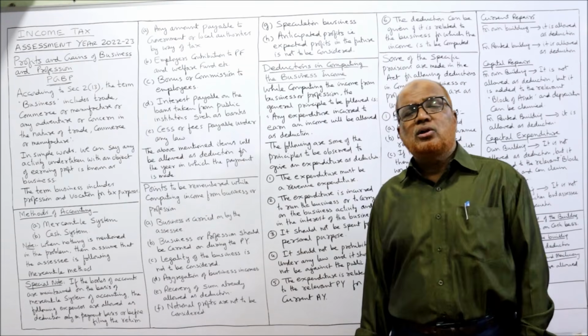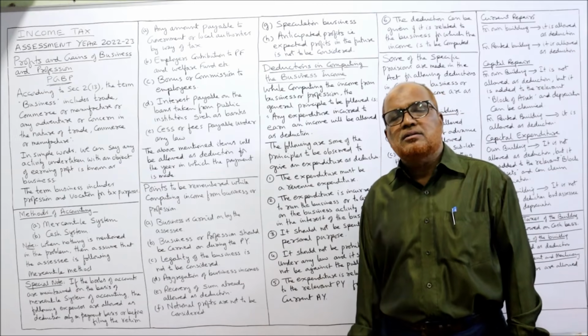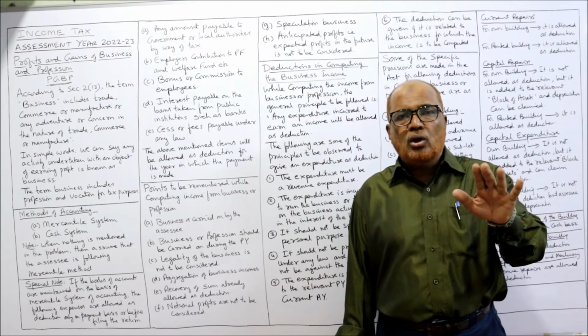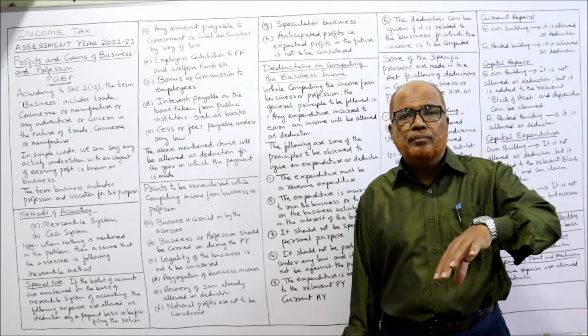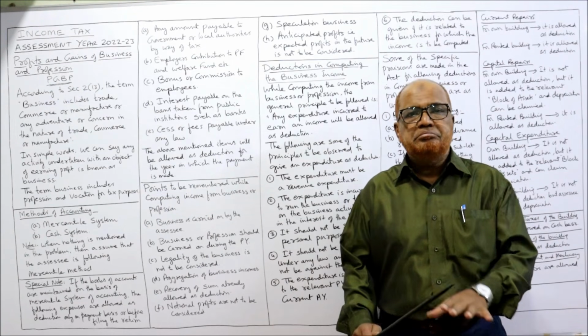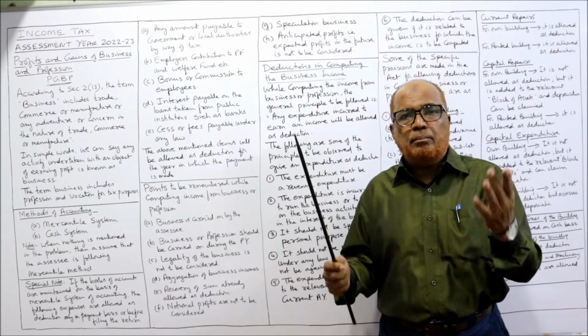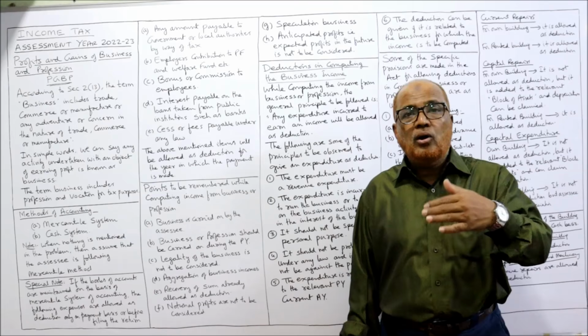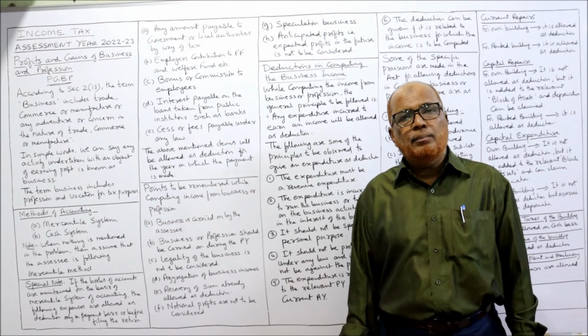Legality of the object is not to be considered. One of the important provisions given by Income Tax Act. Income Tax Act is not bothered whether the assessee is earning a legal income or illegal income. Doesn't matter. Doesn't matter does not mean that even illegal activity can be done. No. There are separate laws which prosecute a person if you do illegal business.